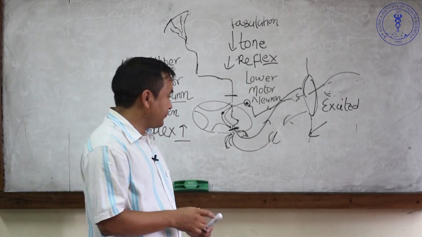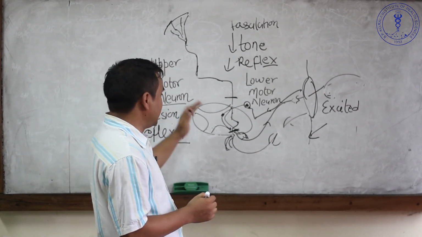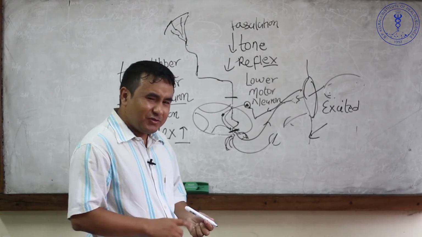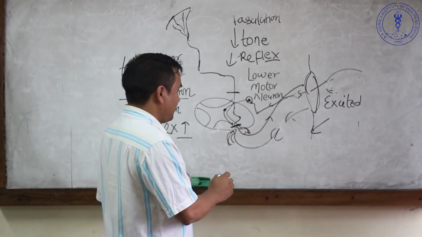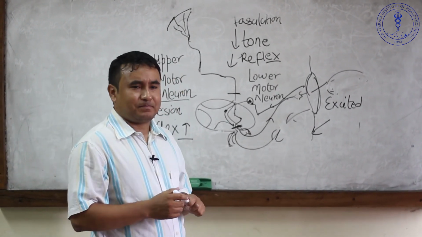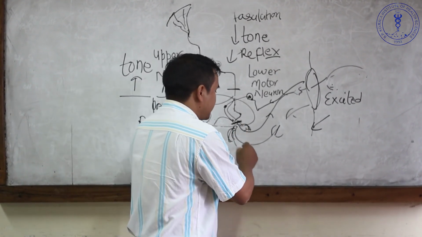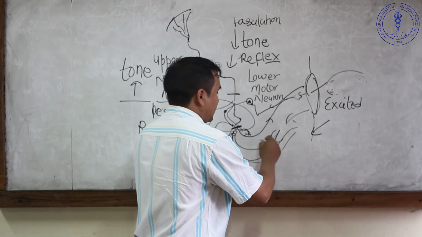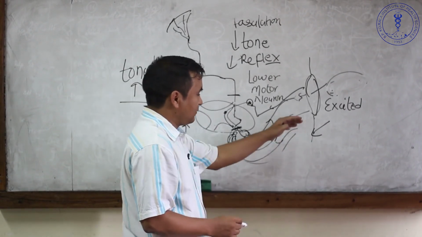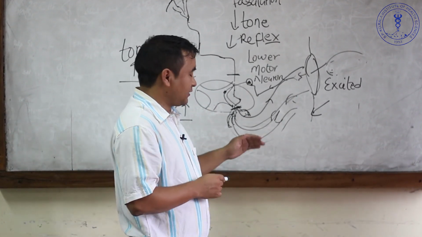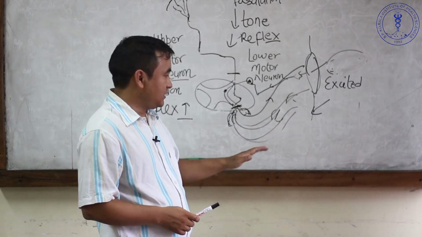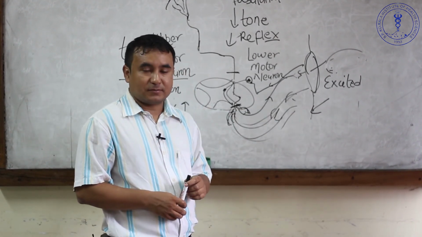Another important difference between the upper motor and the lower motor neuron is that your motor neuron not only supplies the impulse to contract the muscles, but there are some neurotrophic chemicals that are secreted by the motor neurons.